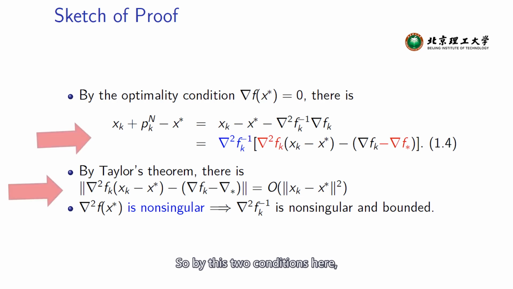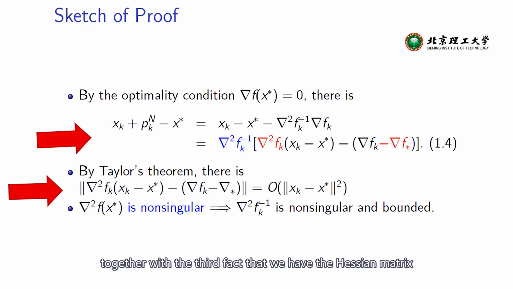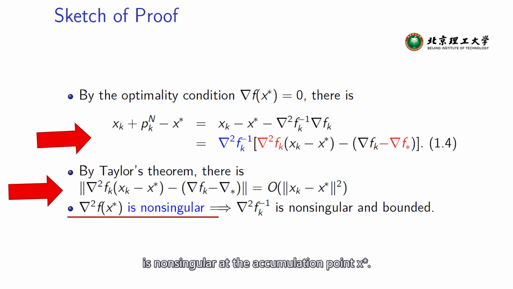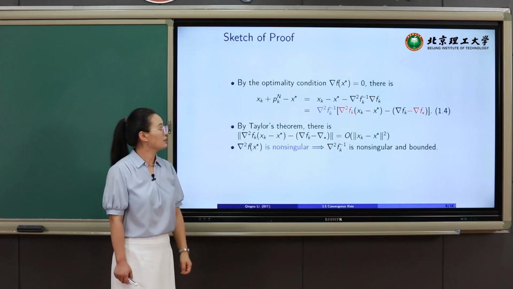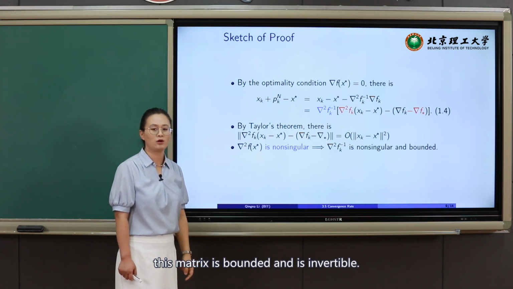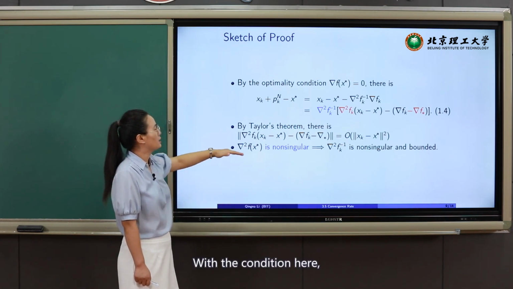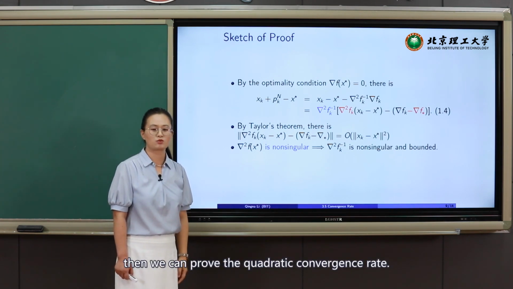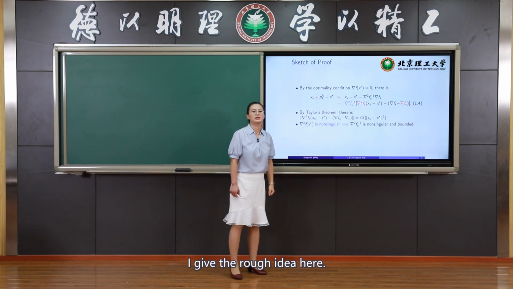By these two conditions, together with the third fact that the Hessian matrix is non-singular at the accumulation point x*, we can see that when x_k lies in the neighborhood of x*, the inverse of the Hessian matrix at x_k is also non-singular and bounded. In other terms, the outside matrix here is bounded and invertible. With this condition, we can prove the quadratic convergence rate. So I give the rough idea here.